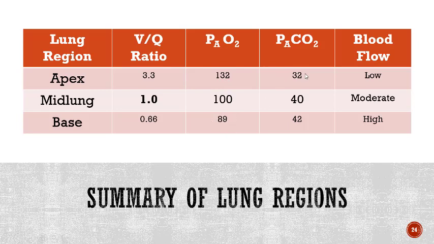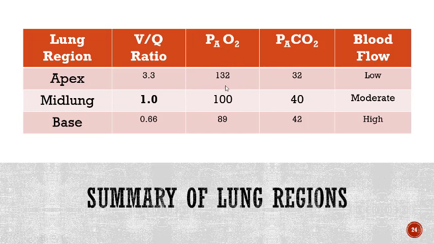And then over here, if you look at your CO2 in the apex, it's very low compared to the base. And if you think about why that is, it'll kind of help the logic here. In the apex, you have very little perfusion. You have very little blood flow. Well, what's bringing in our CO2? Our blood flow, right? You're not inhaling CO2, you're inhaling oxygen, you're removing CO2.